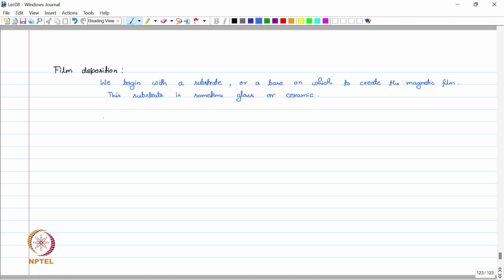But if the permalloy is to be integrated with an active device or circuit, such as an amplifier, the substrate needs to be silicon.